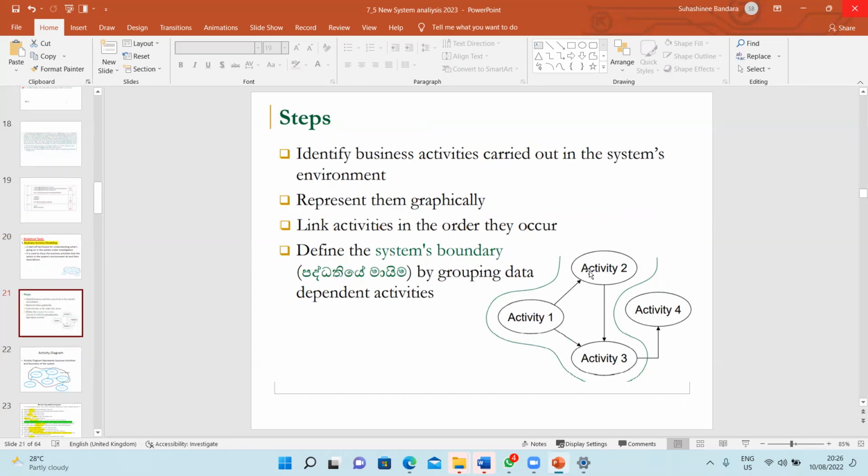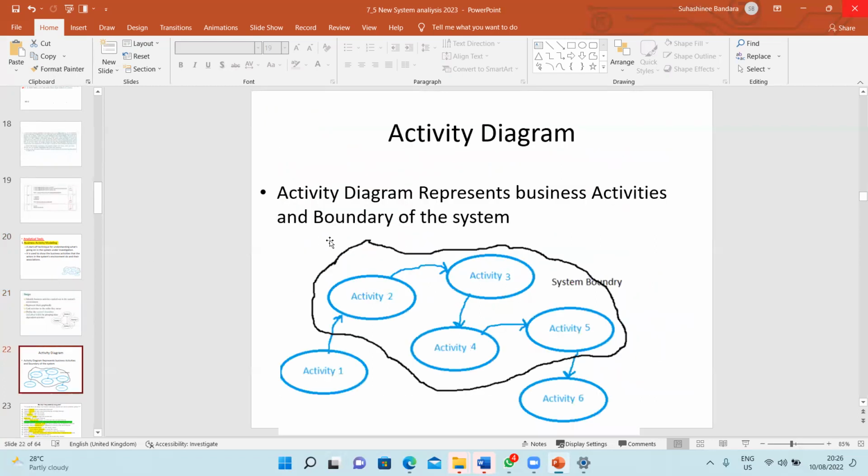Then define the system boundary. Boundary means, for example in a library system, the people who are involved with the system and the activities involved with the system; we draw the system boundary by grouping data-dependent activities. So the activity diagram represents business activities and the system boundary of the system.